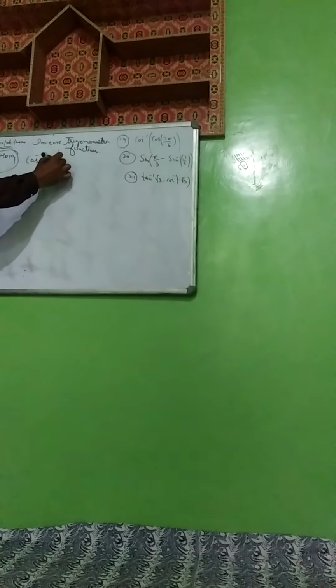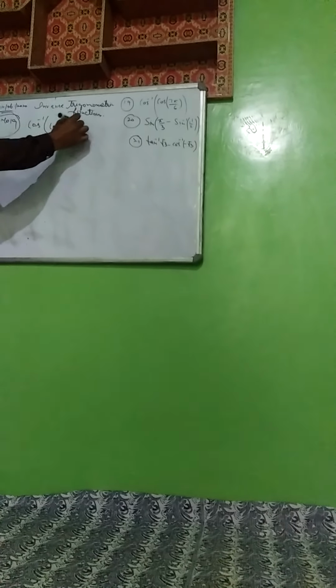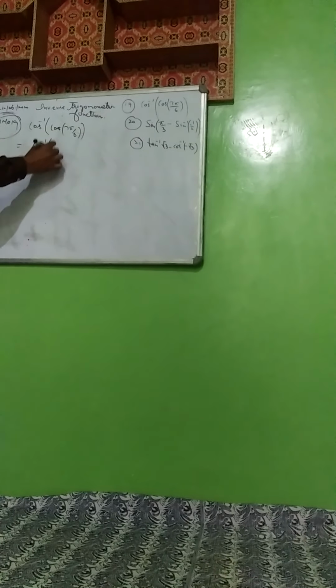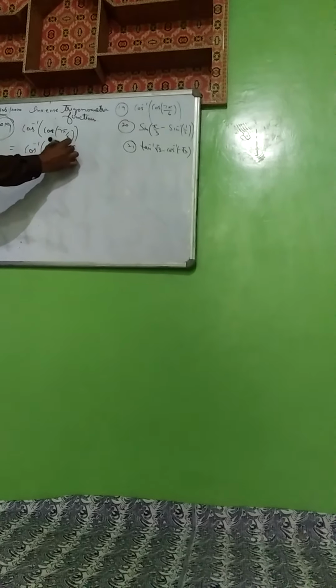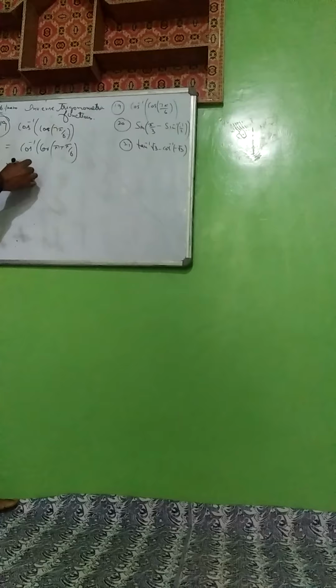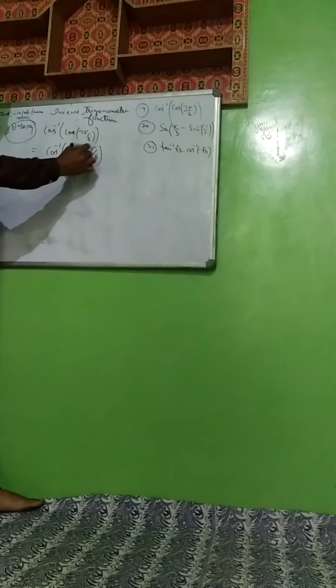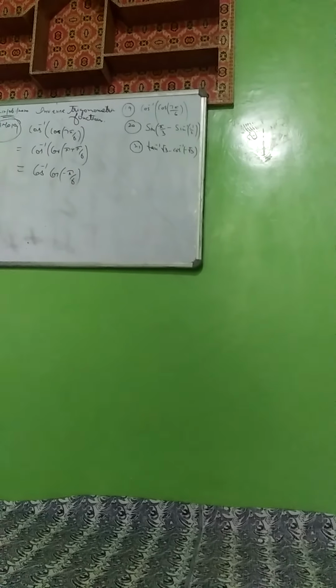cos of 7 pi by 6. You may get this as cos inverse cos of pi plus pi by 6, which is always equal to cos inverse cos of minus pi by 6.